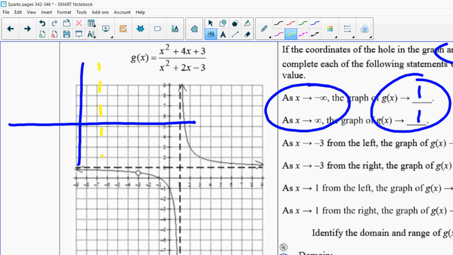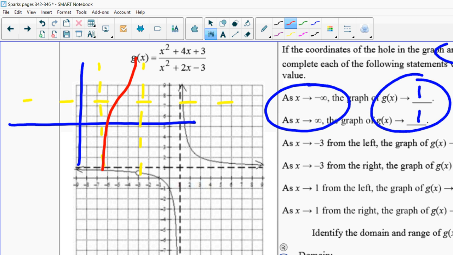If you ever had 2 vertical asymptotes and 1 horizontal asymptote, and right here in the middle it crossed the horizontal asymptote.